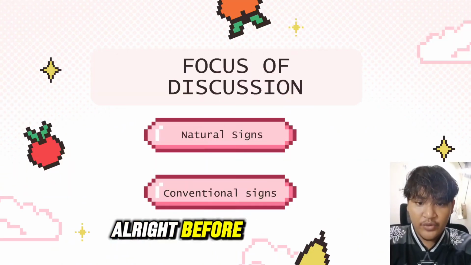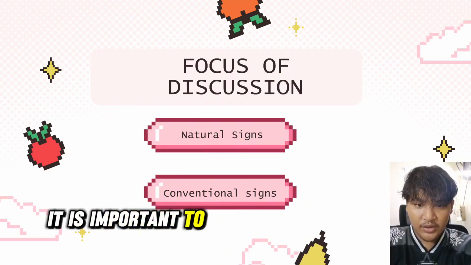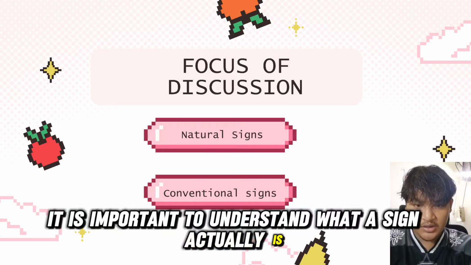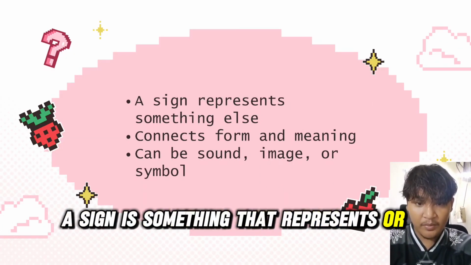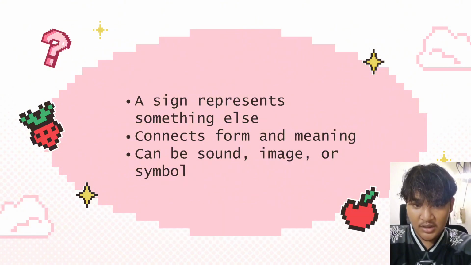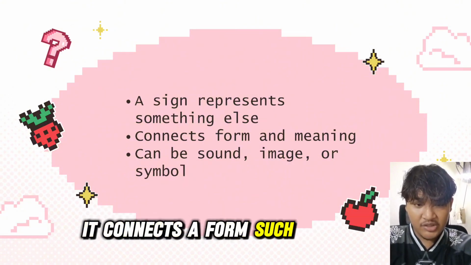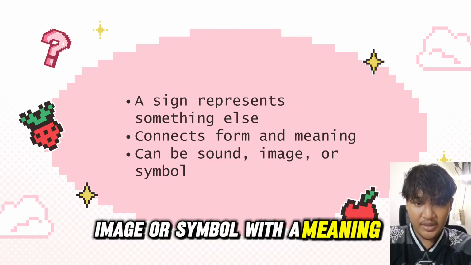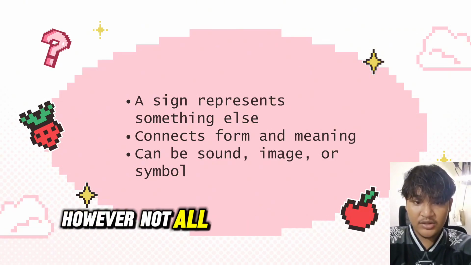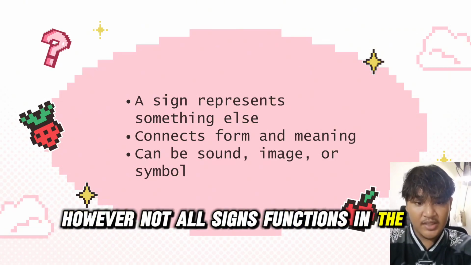Alright, before we go deeper, it is important to understand what a sign actually is. In general, a sign is something that represents or points to something else. It connects a form, such as a sound, image, or symbol, with a meaning. However, not all signs function in the same way.